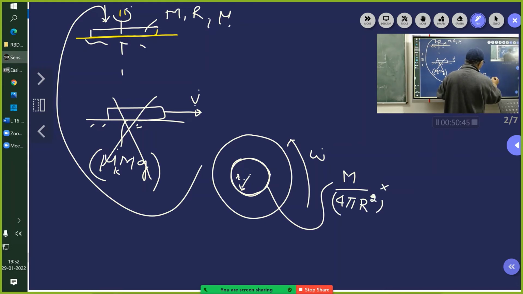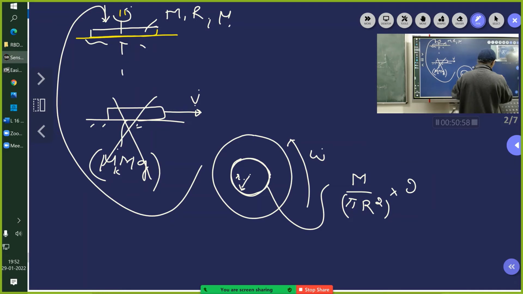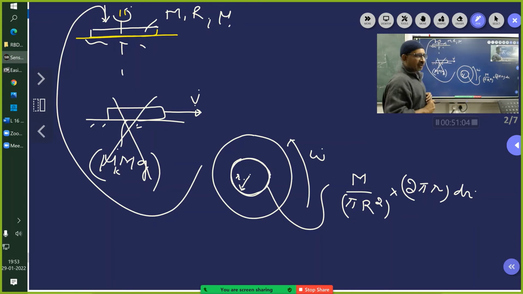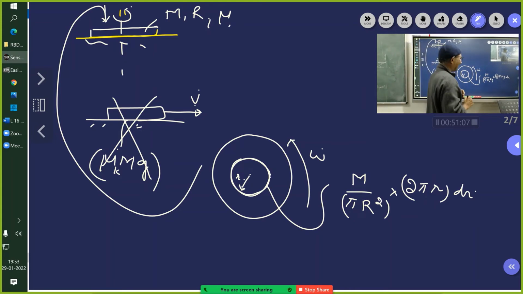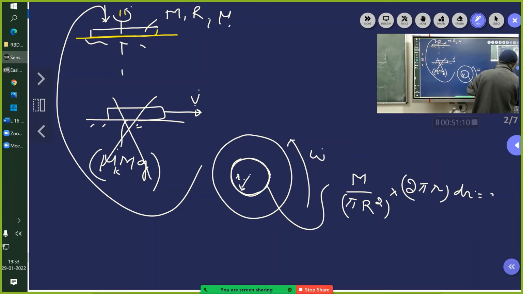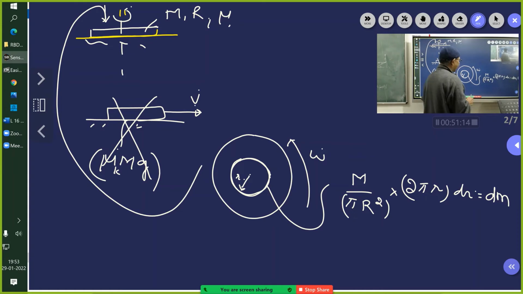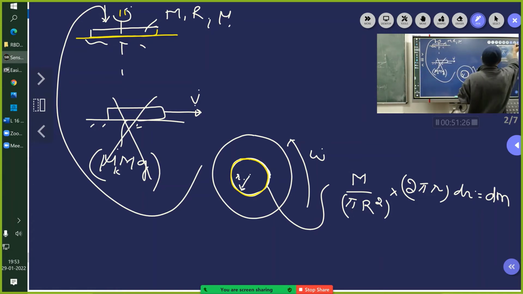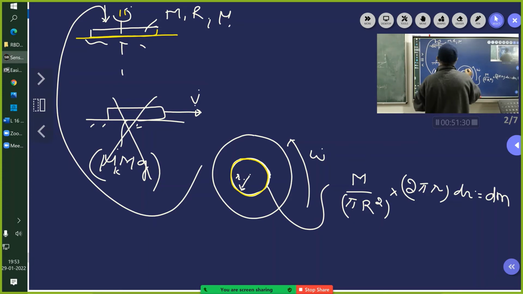The area of this incremental ring will be 2 pi r dr, so the mass is m divided by pi r square into 2 pi r dr. This will be equal to dm, the mass of this small elemental ring.